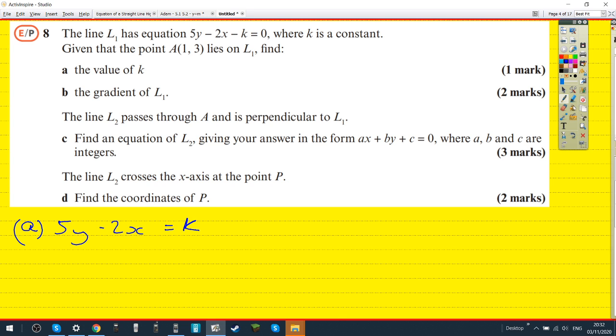Find the value of k, so a number. They tell us that this line goes through the point 1, 3. So do we substitute 1, 3 in?